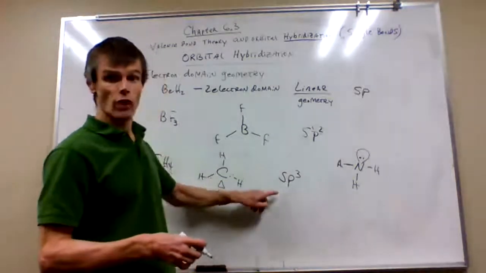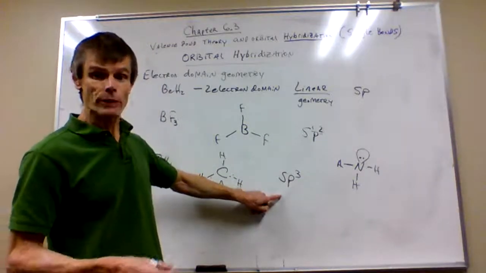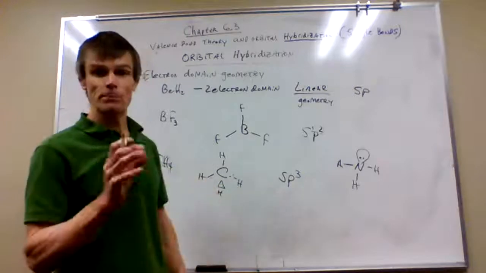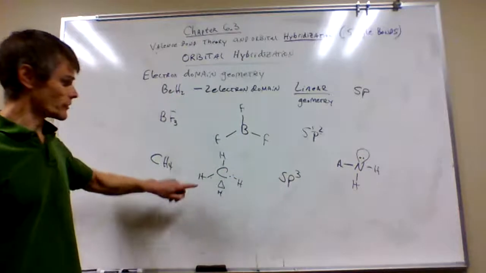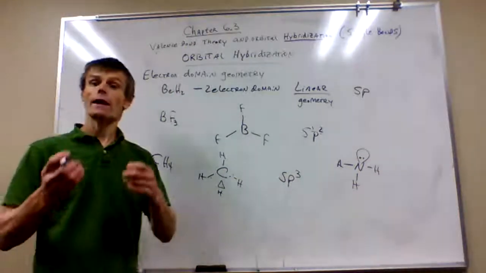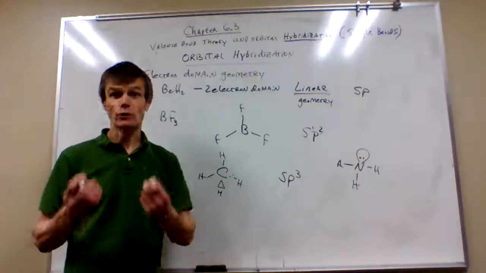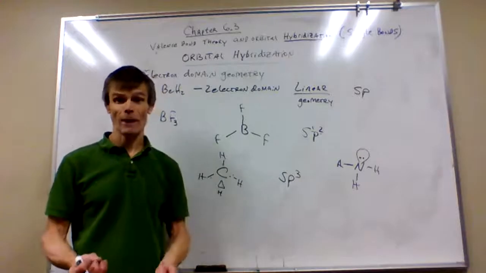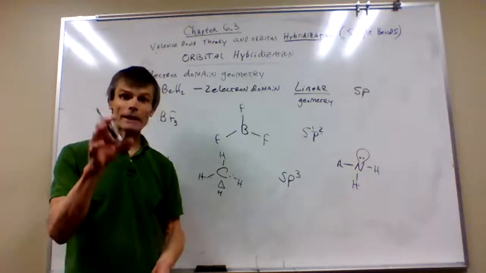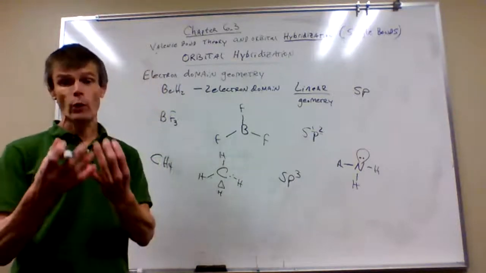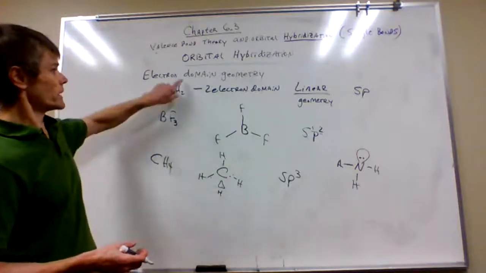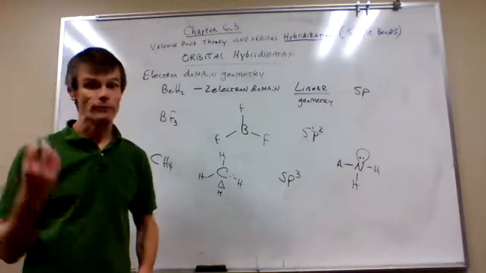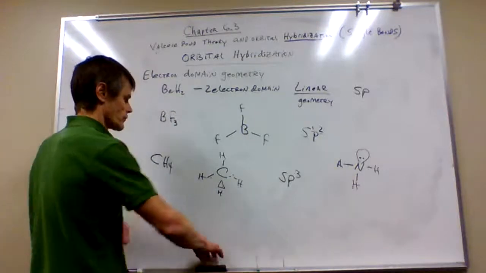NH3 also adopts sp3 hybridization, and that's because the electron domain geometry is identical to CH4. Both of them have a tetrahedral electron domain geometry. So the big thing when we're predicting orbital hybridization about our central atom is the electron domain geometry. Very important.